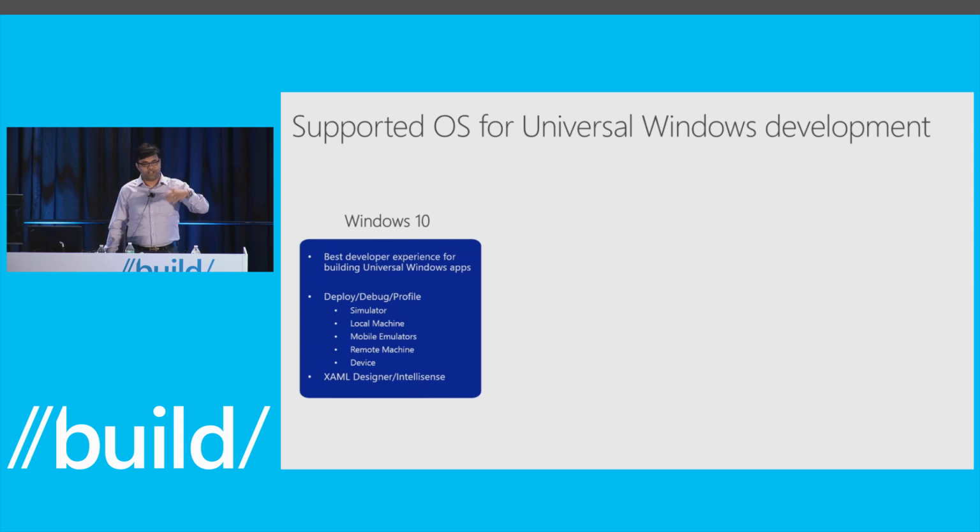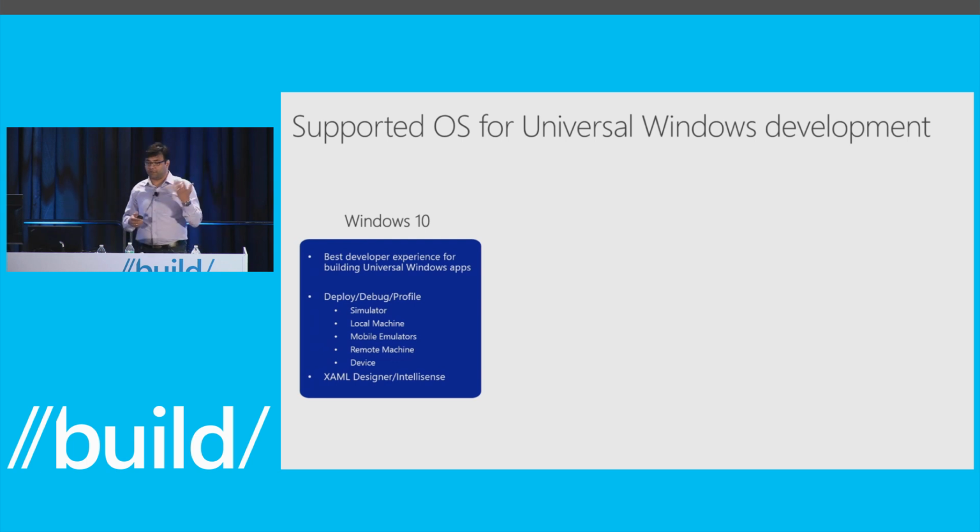You can run your application in a simulator, on the local machine, or use the mobile emulators to see how your application will work on a phone device. You can use the remote machine scenario to run your application on a remote PC or an Xbox or an IoT device. And you can also use a connected phone device, IP over USB, to deploy your application to a hardware phone device, right? So when you are running on Windows 10, all these deployment targets are supported.